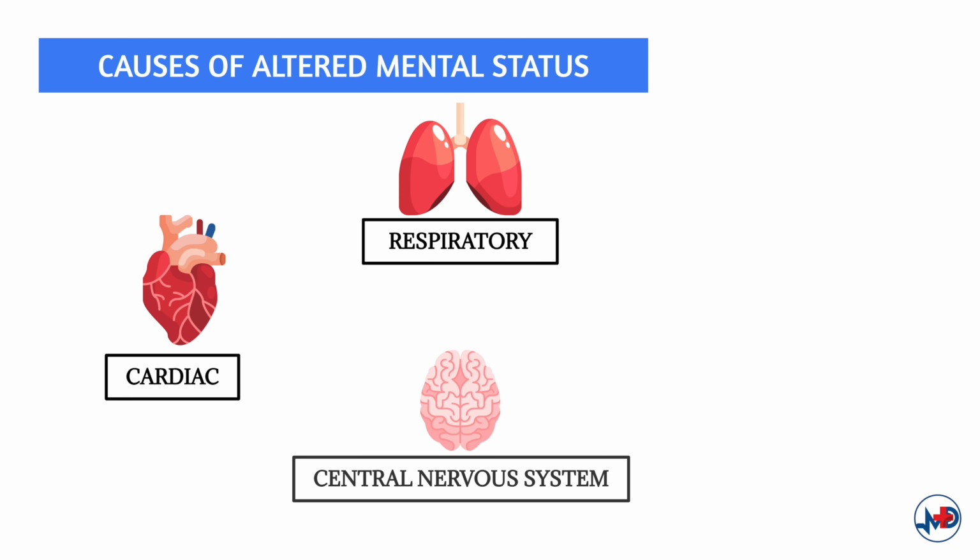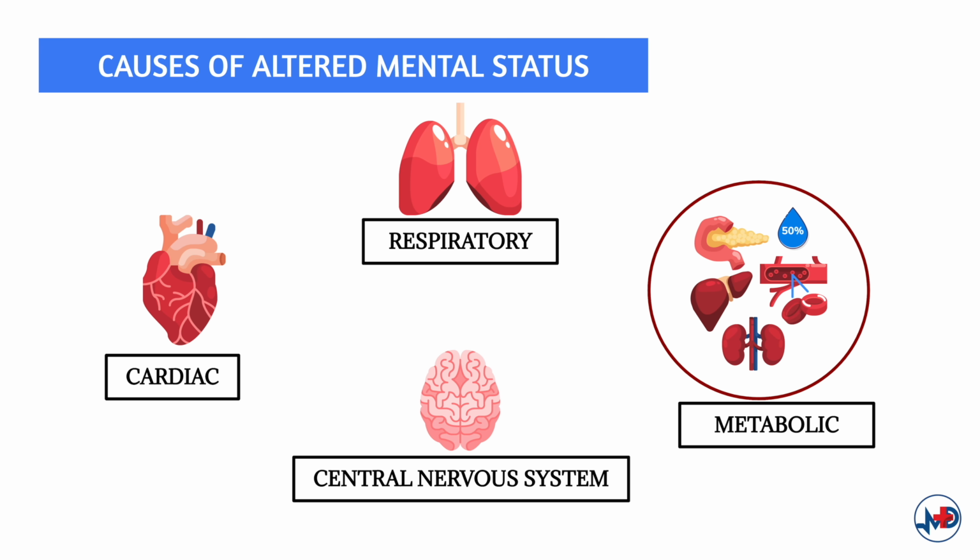Now let's look at the potential causes of altered mental status. These are the list of possible causes for drop in GCS. It could be due to cardiac causes such as cardiac arrest, dysfunction or arrhythmias, central nervous system problems such as a stroke, cerebral edema, anything that can lead to raised intracranial pressure, or encephalopathy due to hepatic causes, uremic, or drug intoxication.